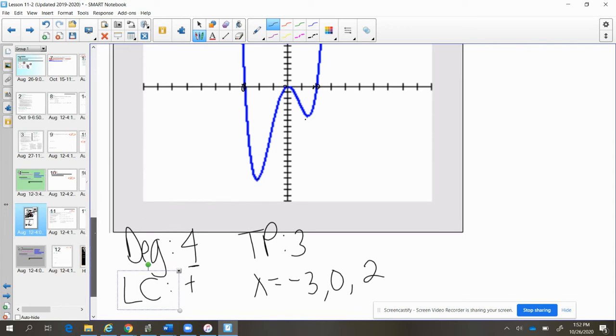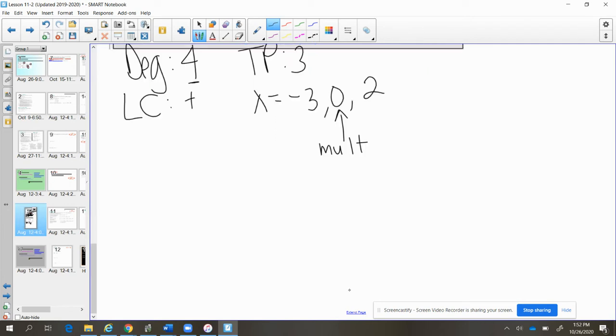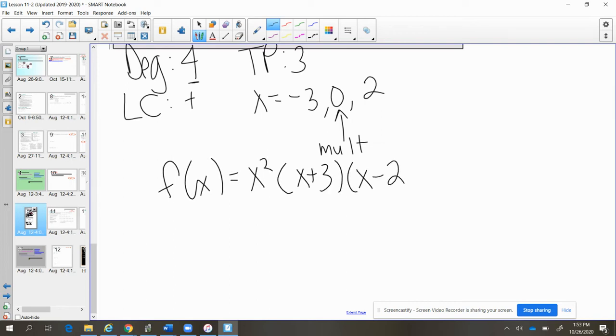It's got that maximum value at our graph here. So this is where we would have a multiplicity. So if we look at this like we did the other problems, f of x, we would have x minus 0, quantity squared, or just x squared, x plus 3, and x minus 2. So there's just our factored form of this, okay?